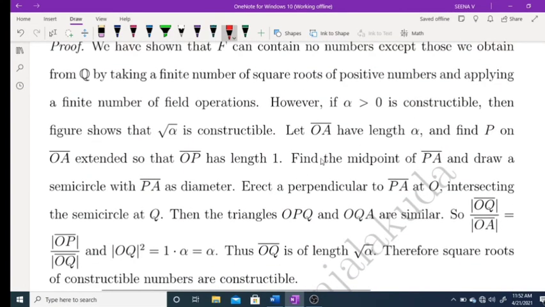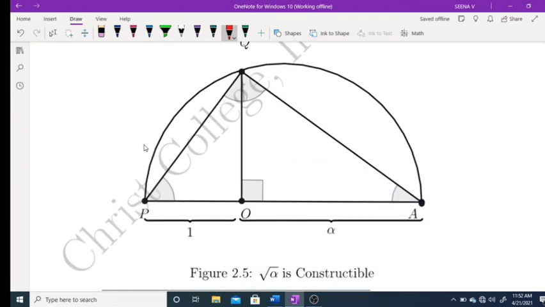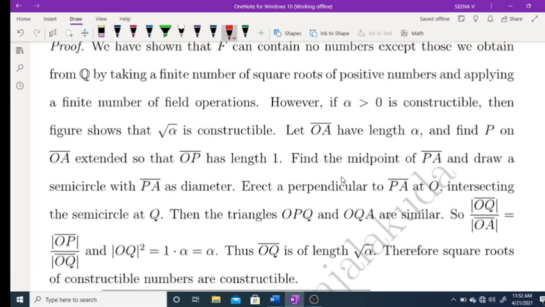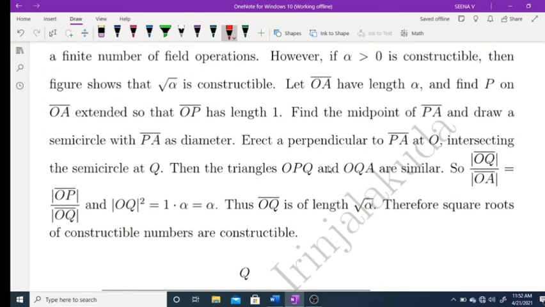Then find the midpoint of PA and draw a semicircle with PA as diameter.